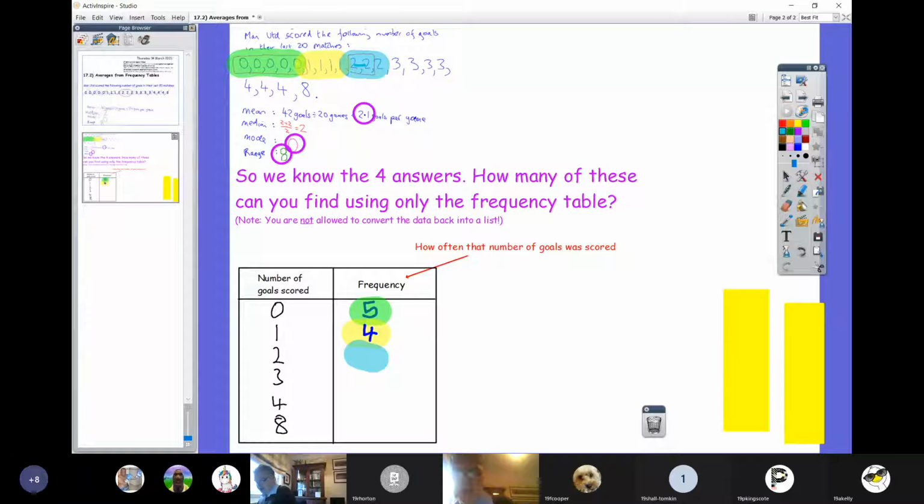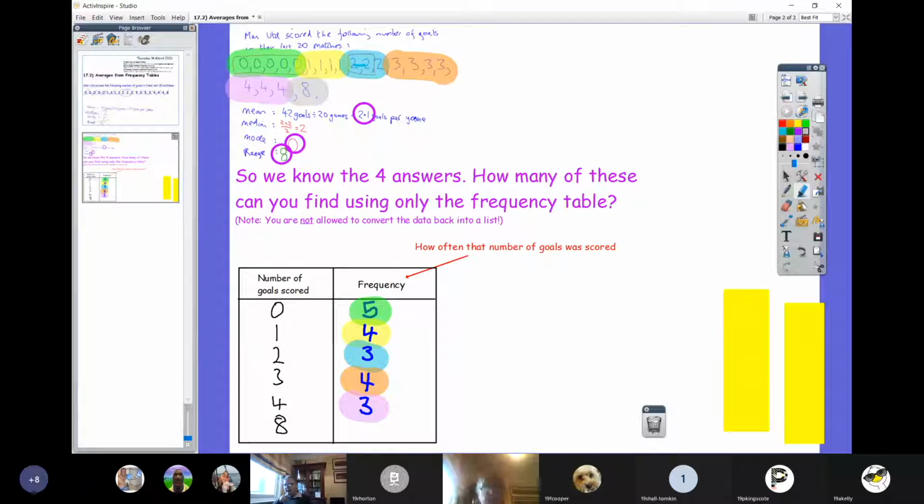On 4 occasions, they scored 3 goals. On 3 occasions, they scored 4 goals. And on 1 occasion, one famous night, they managed to score 8 goals. So there is our frequency table.